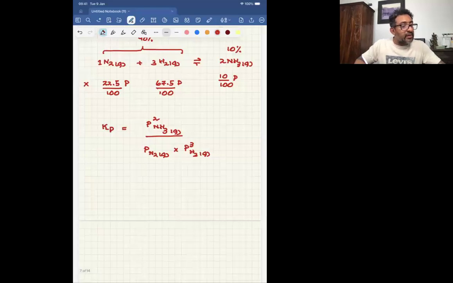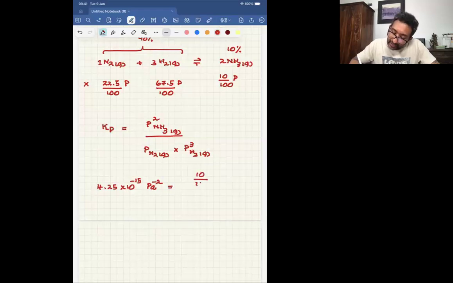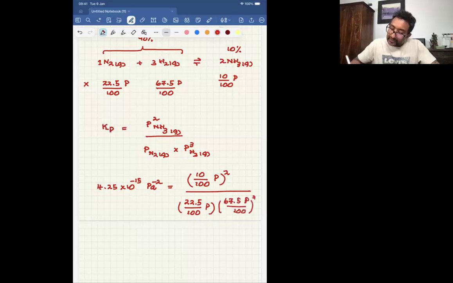Kp, they have given the value, 4.25 times 10 to the power minus 15 Pascal to the power minus 2. For ammonia, you get 10 divided by 100 P squared, over 22.5 divided by 100 P, times 67.5 divided by 100 P to the power 3.